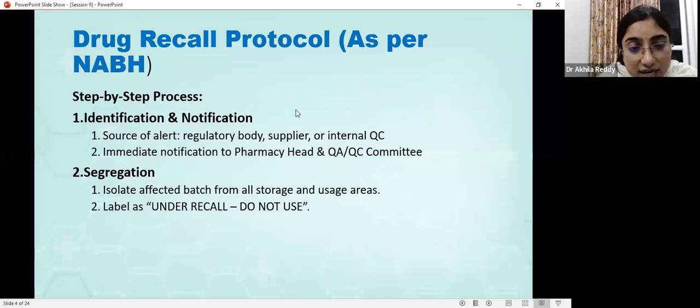Firstly, identification and notification. Source of alert: regulatory body, supplier, or internal quality control committee. Whenever we get some reaction, the particular medicine and the batch should be identified, and notification should be given to the committee.